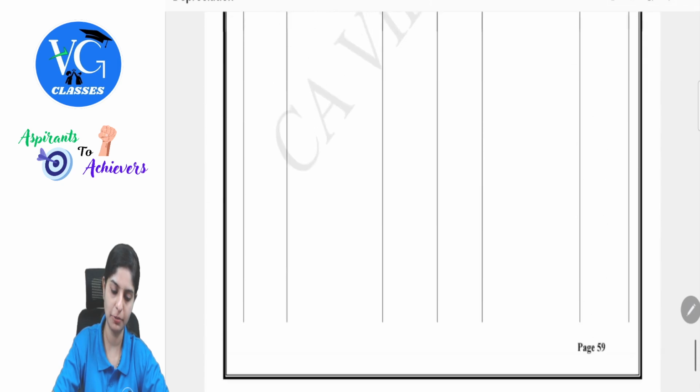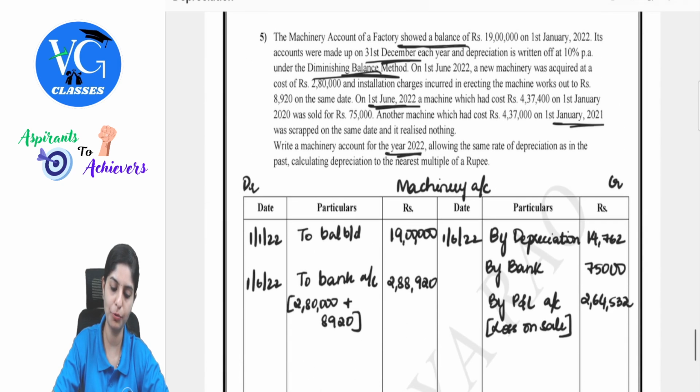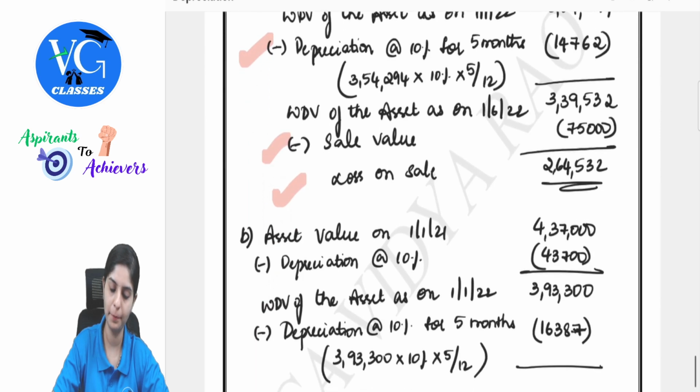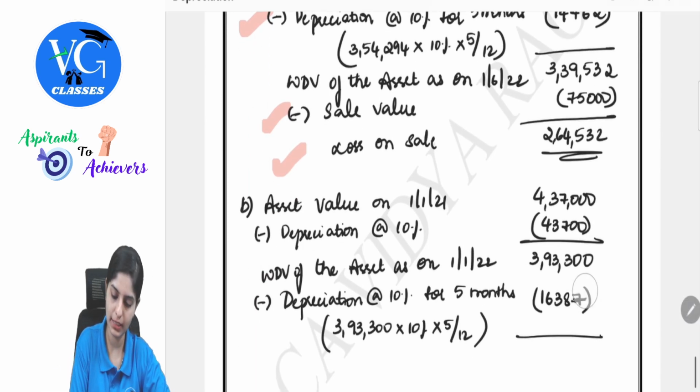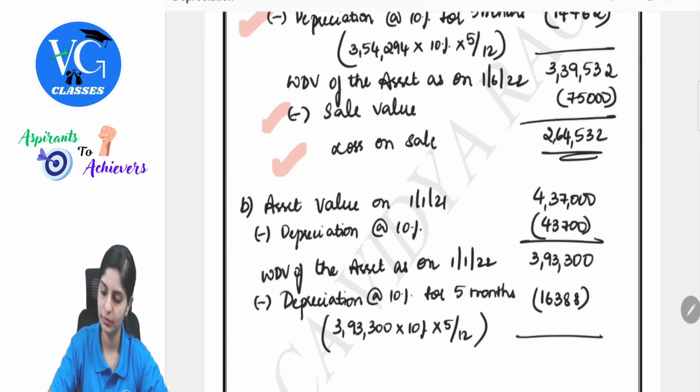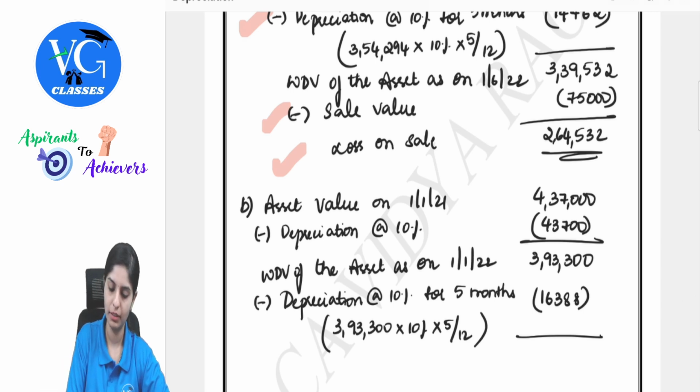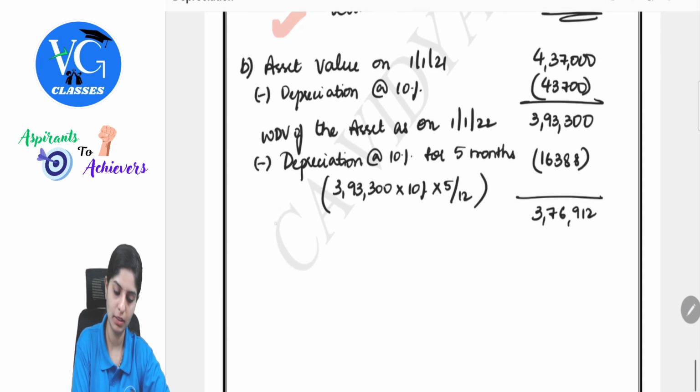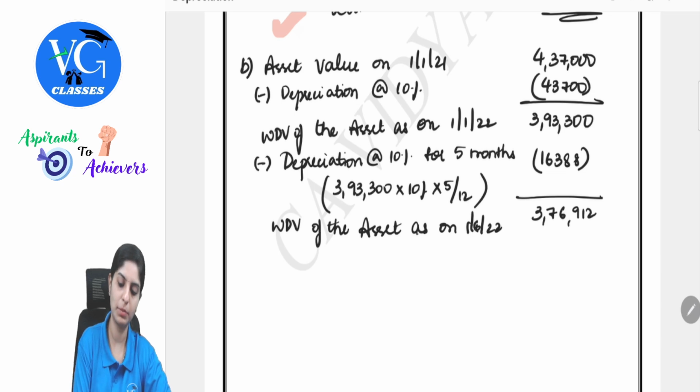Since the question specifies that you need to round off to the nearest multiple of a rupee, we can also take this as 16,388. 393,300 minus 16,388, 376,912. This is WDV of the asset as on 1st June. So this was completely scrapped.